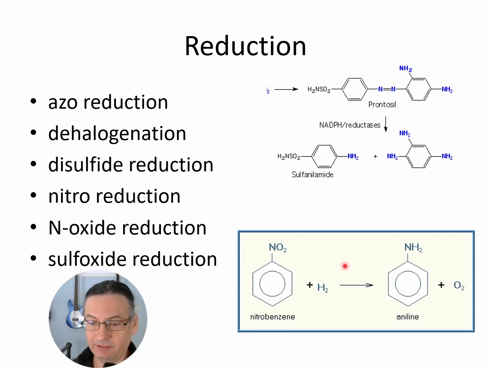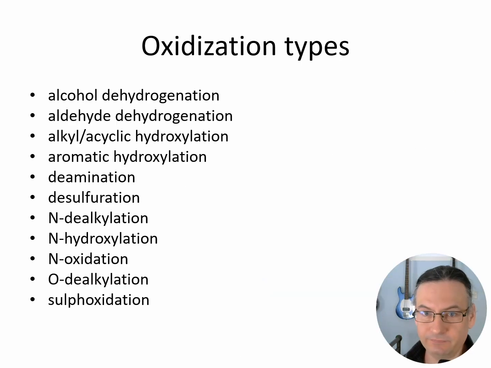So the whole idea is we can take things and turn them into either biologically active forms that we want for medications, or we can detoxify them by changing the electrons, donating them from things like NADPH reductase or free hydrogens with the protons that we can do the exchanges on.